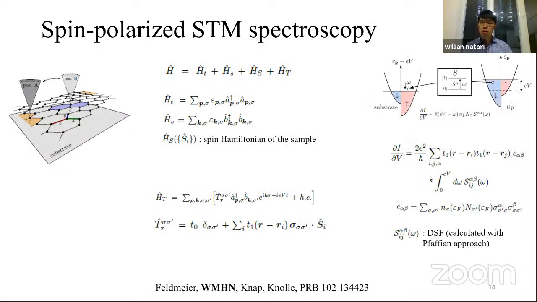And the current itself will depend upon the relative polarization of the spins in the tip and in the sample.